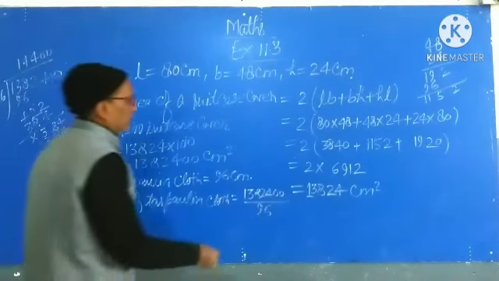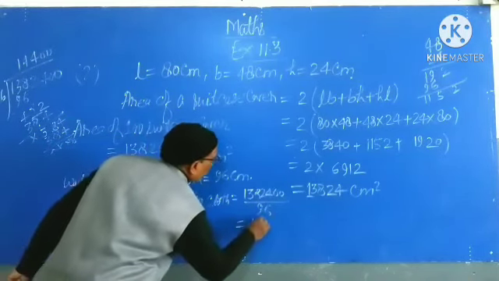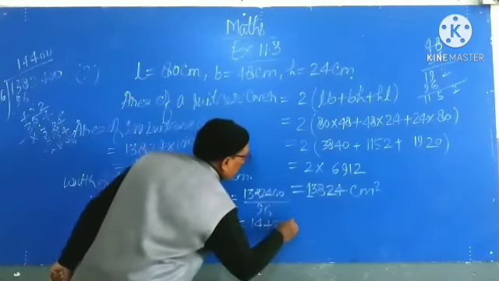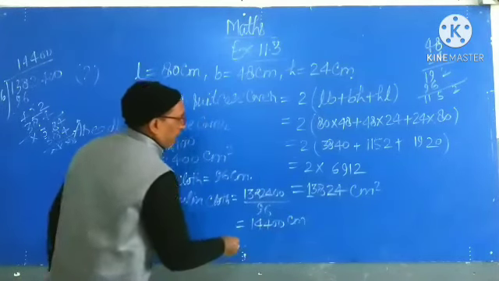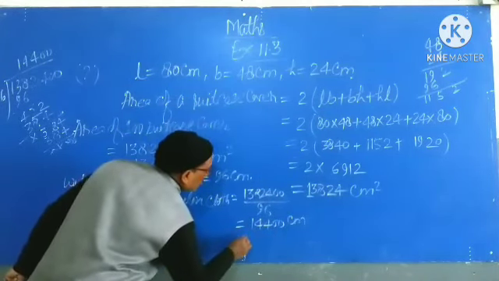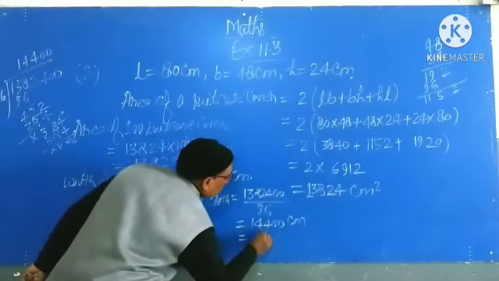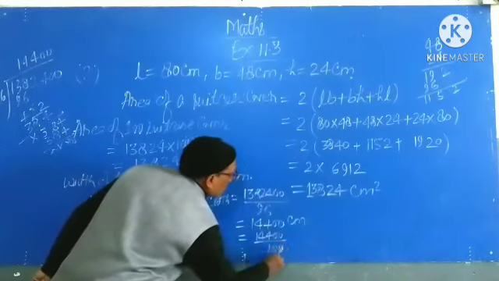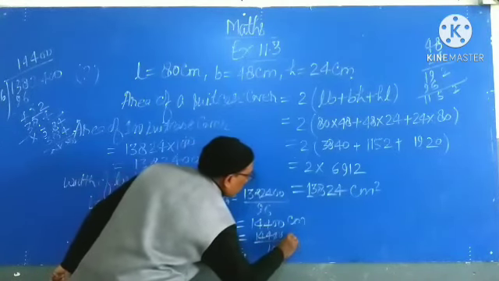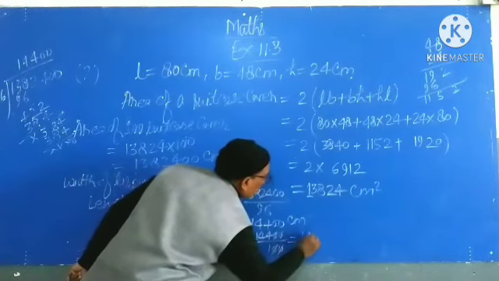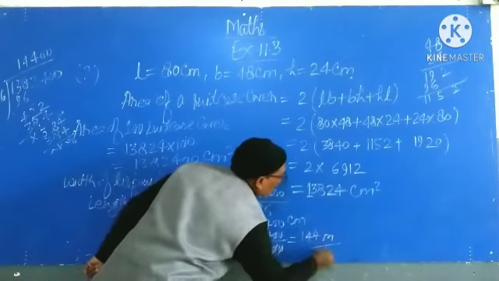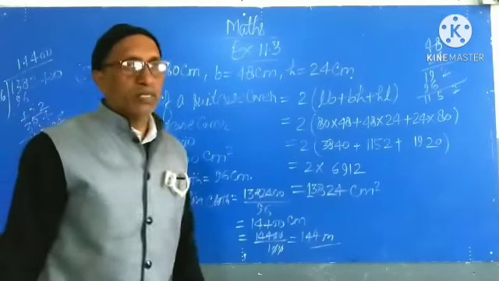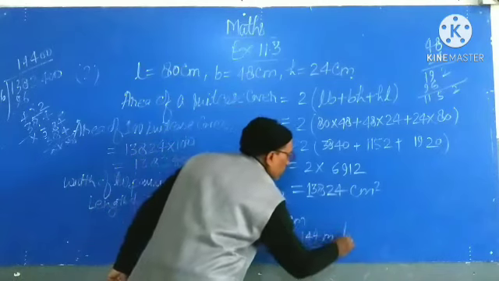You get 14400 centimeter. And when you convert this into meter, you get 14400 upon 100, which is 144 meter. Required tarpaulin cloth is 144 meter. It is your answer.